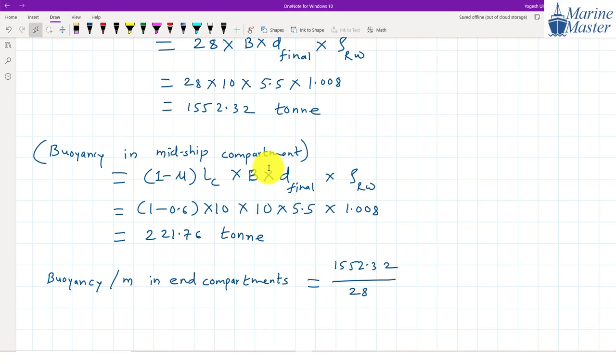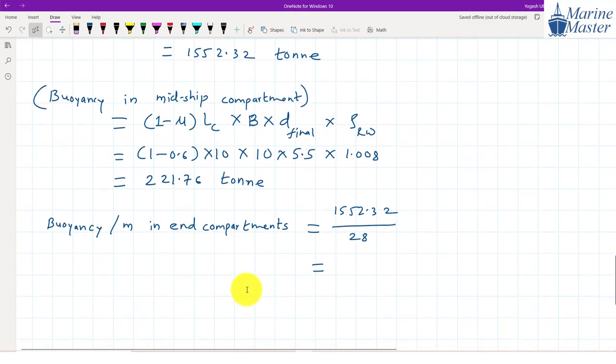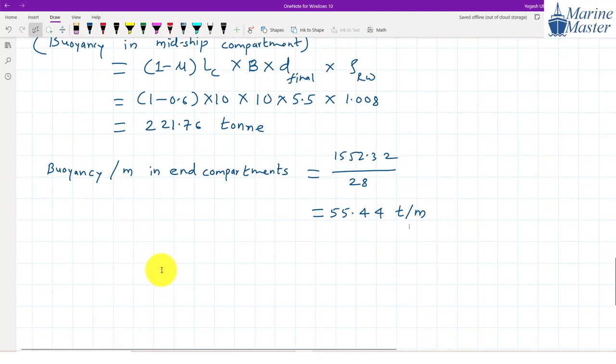So do the calculation, and the buoyancy per meter in end compartments will be 55.44 tons per meter, guys.